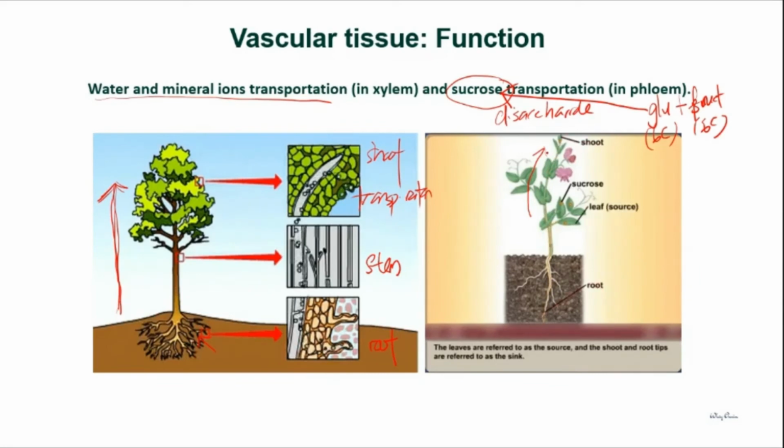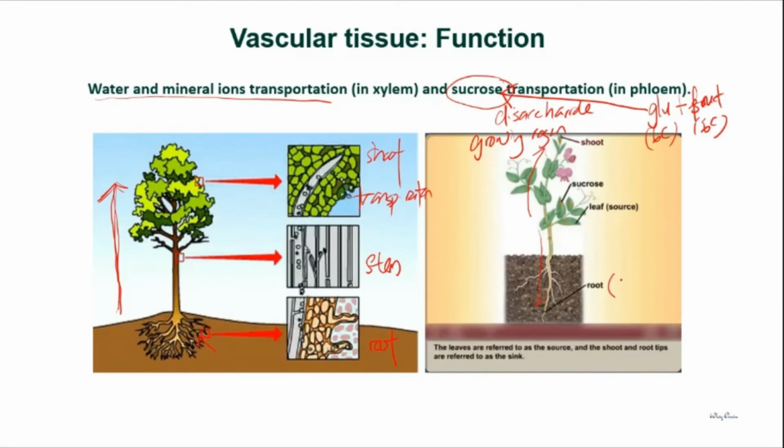Both way maksudnya ke atas, iaitu dia ke kawasan yang memerlukan sugar untuk metabolism, terutamanya growing region. Okay, kawasan yang masih menunjukkan proses boleh membahagi, okay, the cell division, iaitu apical meristem tu atau tempat yang akan membentuk buah, okay, growing region.